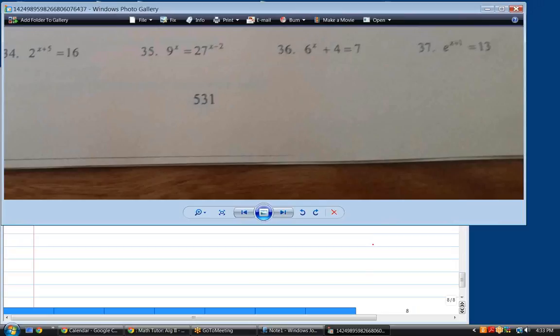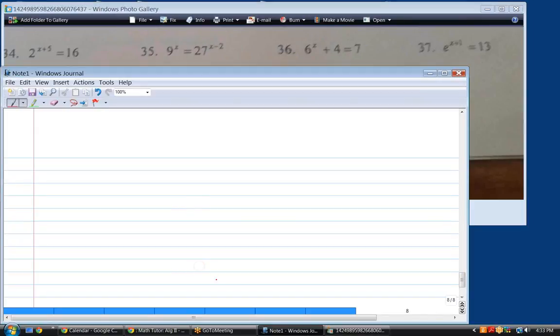Of all the ones on this page, that was the easiest one, but notice 34 is just as easy. Do 34 for me. The quick way. Natural log of both sides. No?